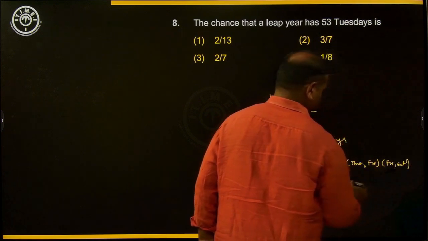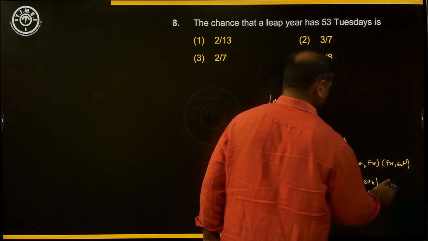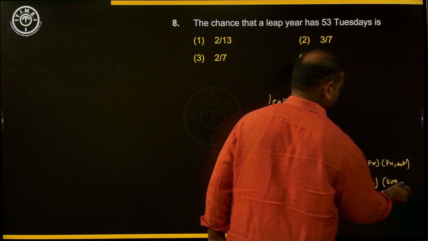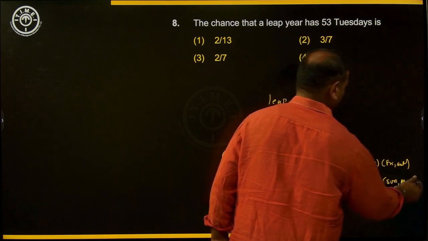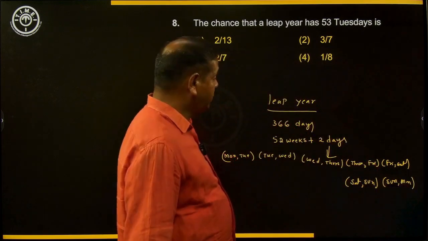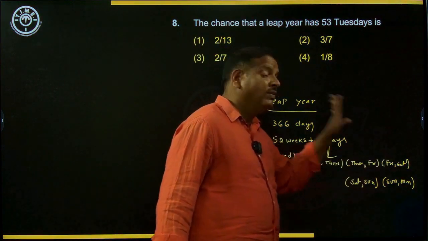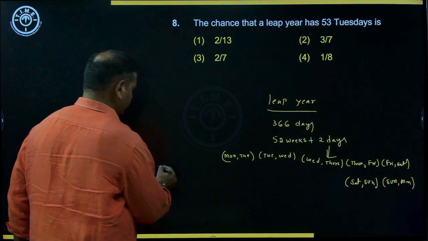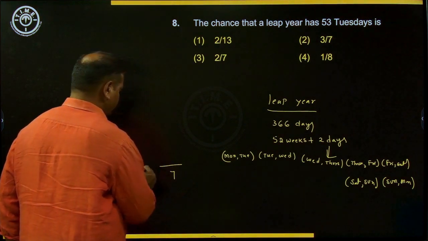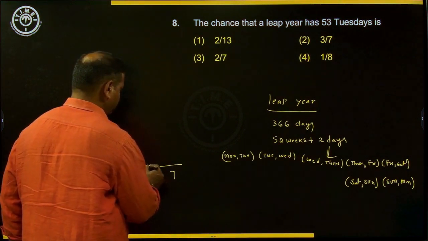Saturday, Sunday. Sunday, Monday. What can those 2 days be? Tell me the choices: 1, 2, 3, 4, 5, 6, 7 choices are there. 7 choices. Probability is favorable by total.